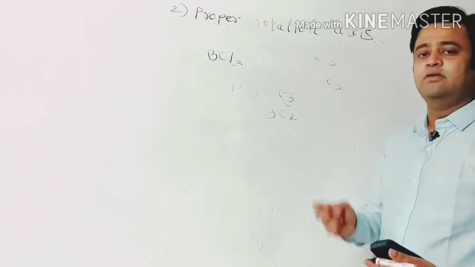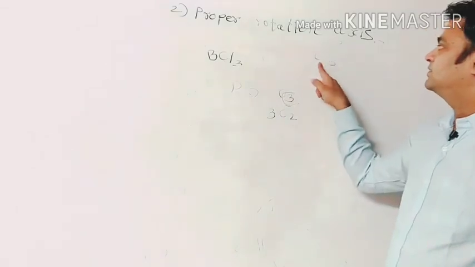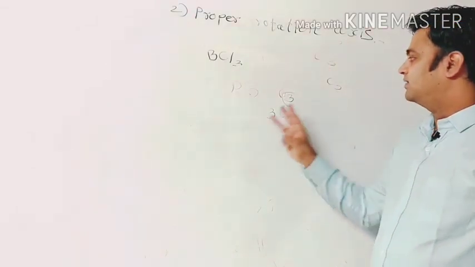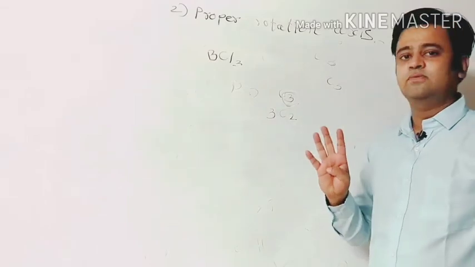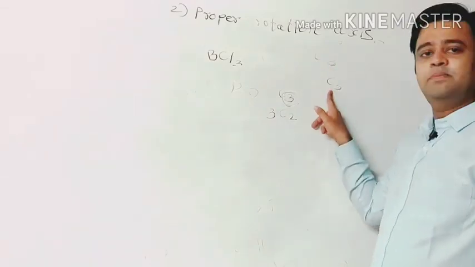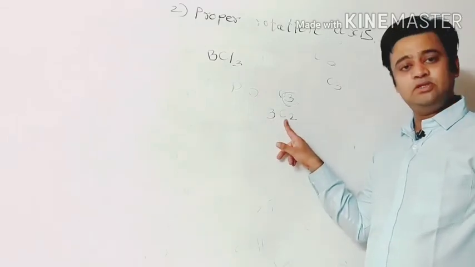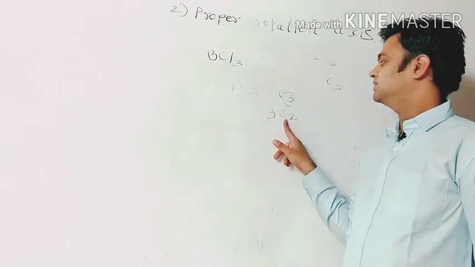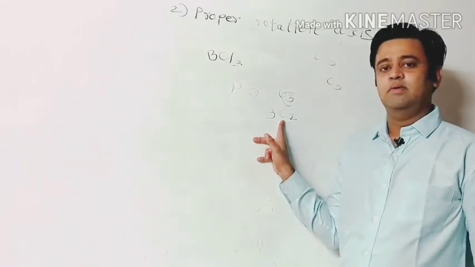Therefore, overall there are 4 axes of rotation in BCl3, 1 C3 and 3 C2. Out of these, C3 is the principal axis and the 3 C2 are subsidiary axes. Remember always.